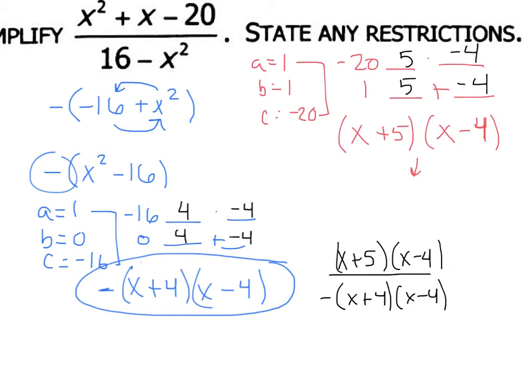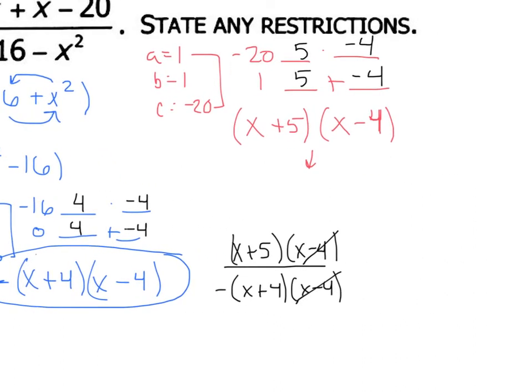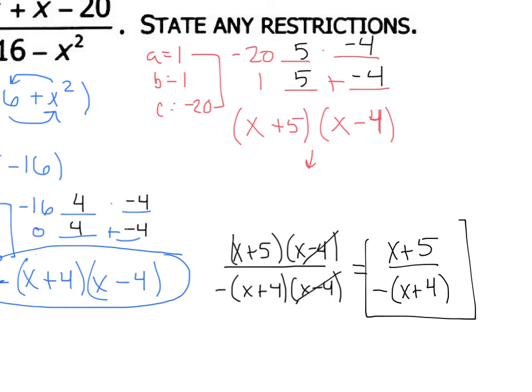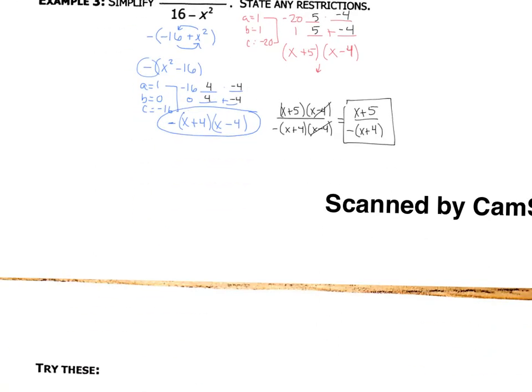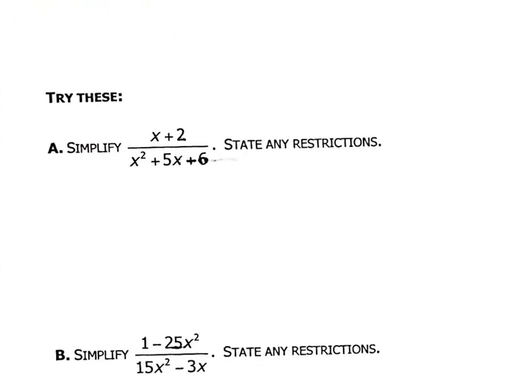Cross out or cancel your common factors so that my final answer is x plus 5 and then negative x plus 4. That's it. Okay, now that's as difficult as it's going to get. I'm going to let you try one of those on your own as we move over to the next page.